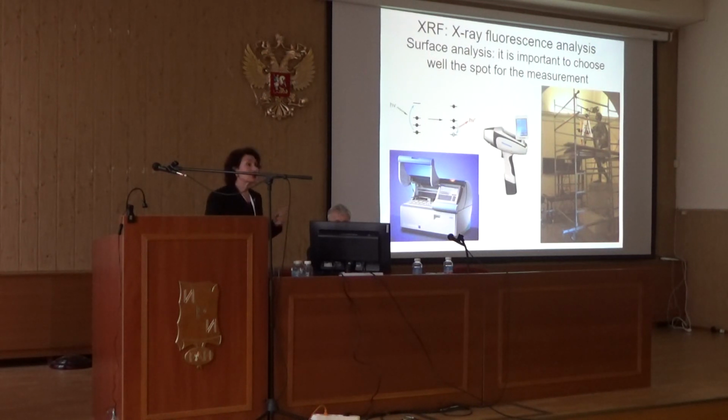In this case, I was analyzing this big statue in Umbria, higher than 2 meters, and it was also on a high pedestal, higher than 1 meter, so I needed a high scaffolding, over 3 meters high. It works very well with this.